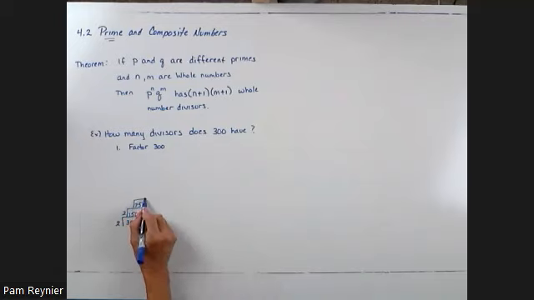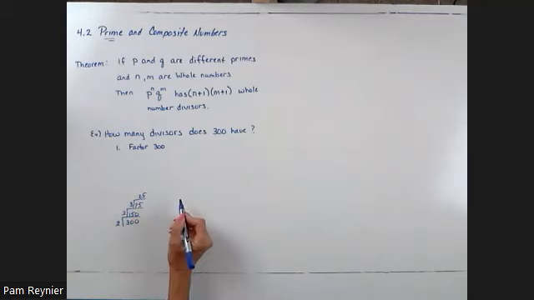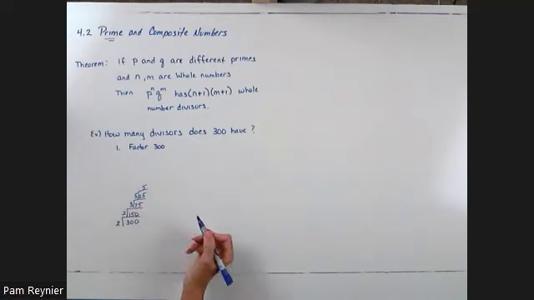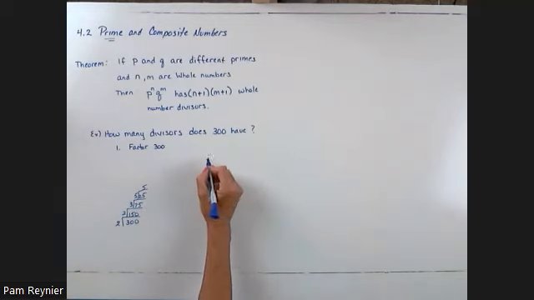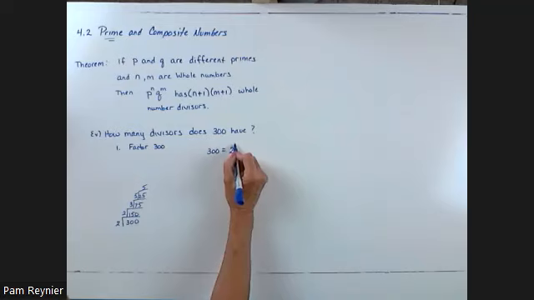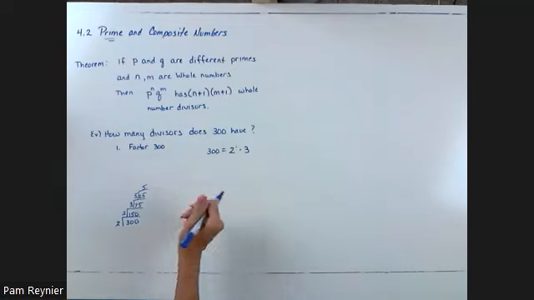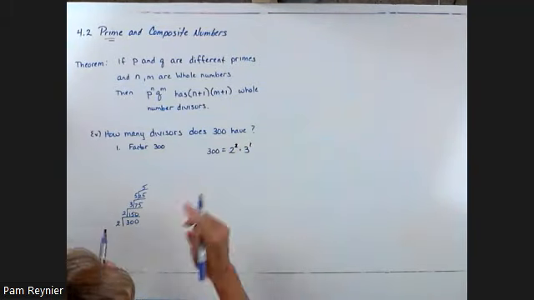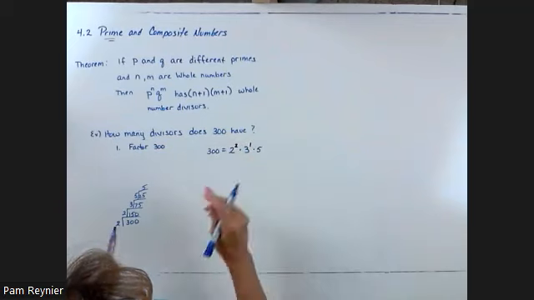Well, 75 is 3 times 25. 25 is 5 times 5. So it looks like 300 is the same as 2 to the second times 3 to the first times 5 squared.